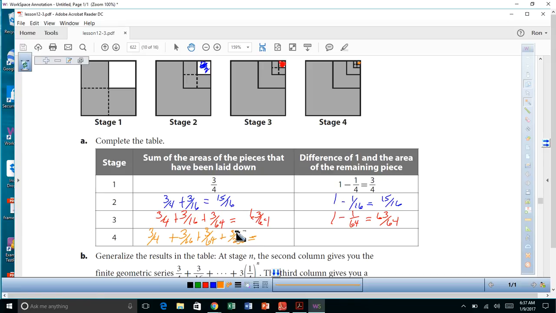And put those in the calculator and add them up, and you get 255 over 256. 1 minus 1 over 256 equals 255 over 256. Is there a common factor? 4 times 4 is 16. 4 times 16 is 64. Okay.